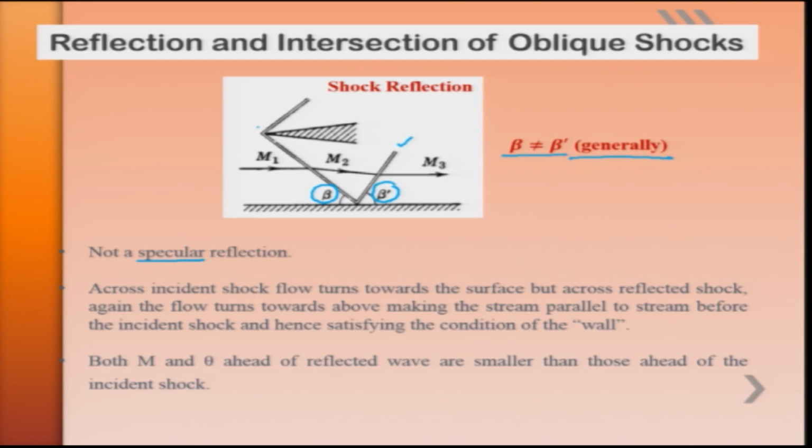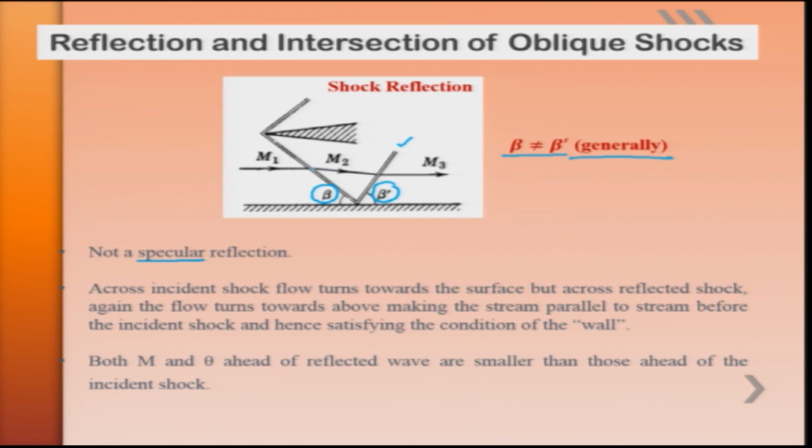Now, in this kind of figure, let us say the cowl generated shock is incident upon the bottom surface, and if the upstream Mach number is m1 here, when this flow comes and passes across the shock wave, there is a tendency of the shock wave to turn the flow toward the surface.